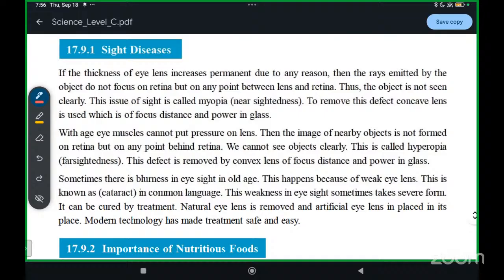Now, what happens in myopia? Also called nearsightedness. This is what it looks like.